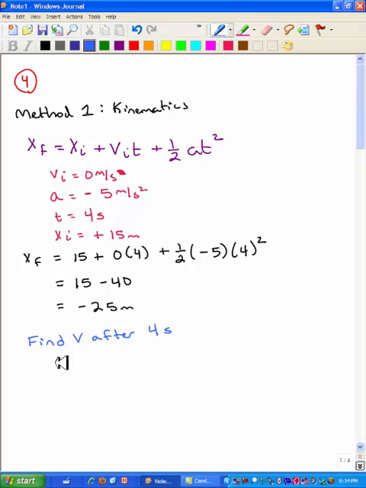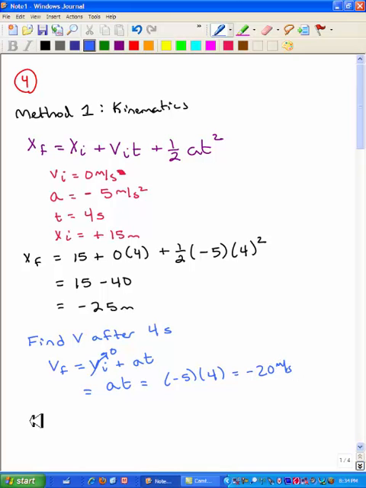That's very simple. V final equals V initial plus acceleration times time. Initial velocity is 0. Okay, so I get at, which is negative 5 times 4, or negative 20 meters per second.